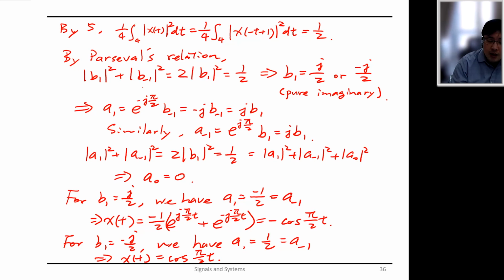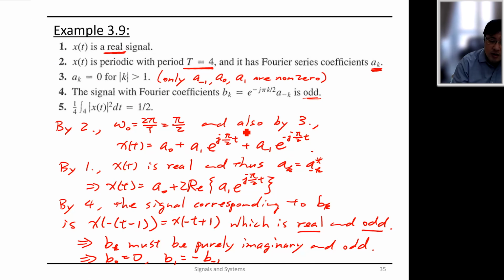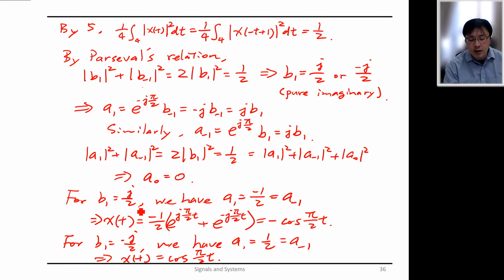Now, we can see that the Fourier series coefficients a1 and a minus 1 have energy already equal to 1/2, and therefore a0 must be 0. So applying all these properties, plugging this inside either this equation or this equation here, we can find that x of t reduces to minus cosine pi over 2t if b1 is j over 2, and cosine pi over 2t if b1 is minus j over 2.